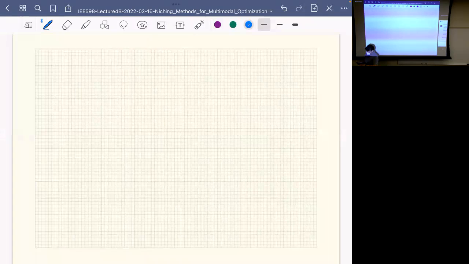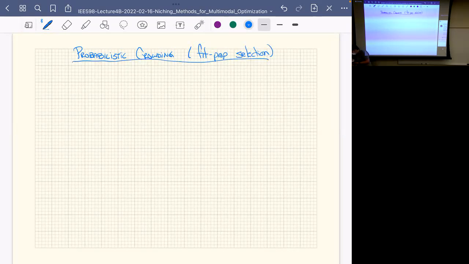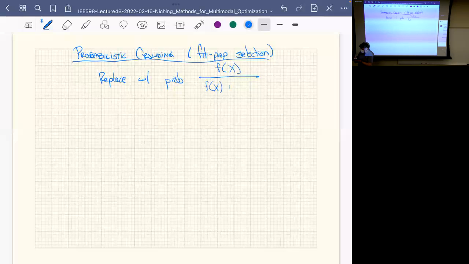We can also do probabilistic crowding. Which is basically fitness proportionate selection. And the idea here is that if you look at a parent and offspring, then you replace with probability f of x over f of x plus f of y.